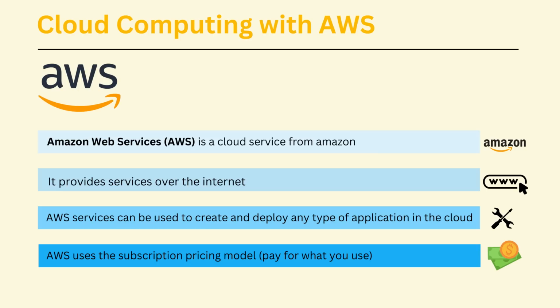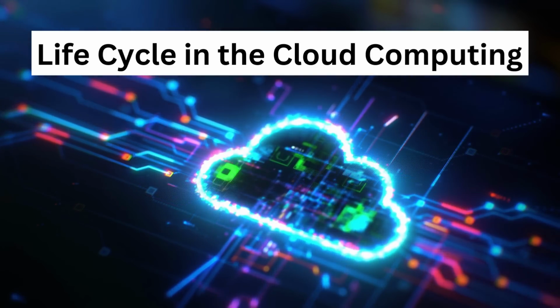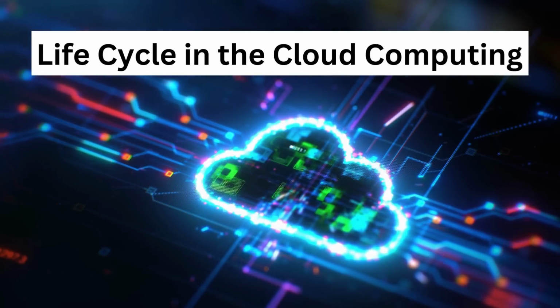And the best part here is the subscriptions are pay-as-you-go. You use less and pay less, and only for what you have used. You use more, pay more, but still less per unit for the service used. Attractive, isn't it? Now let's talk about the life cycle of a cloud computing solution.